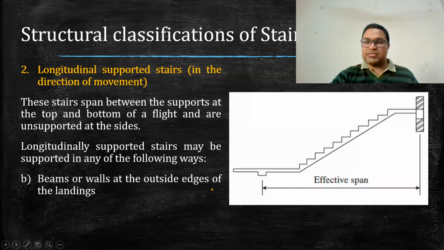It will look like this. So in this case, you can see we have provided support only at this end, and either we provide here or we provide here, which means we have provided only two supports. So in that case, bending will occur like this. So that is the second case.